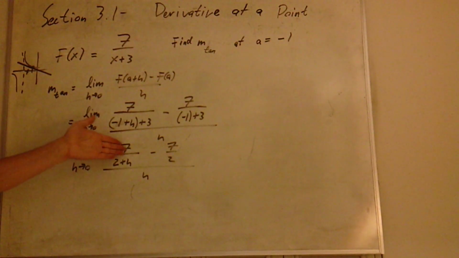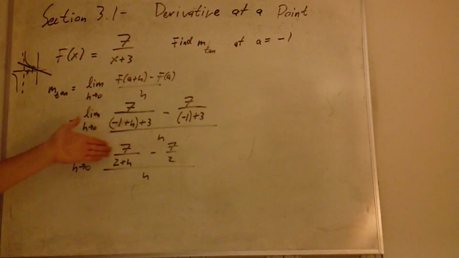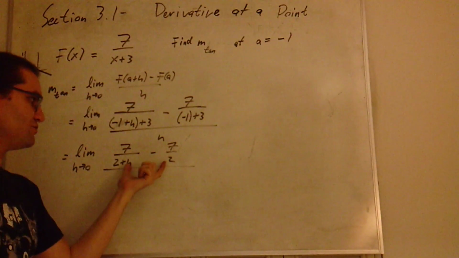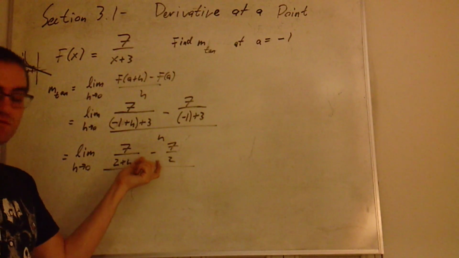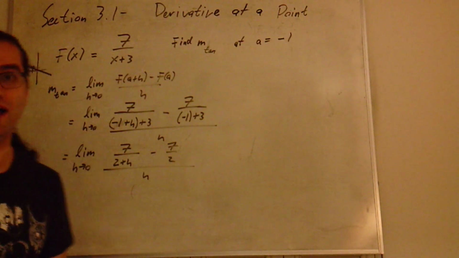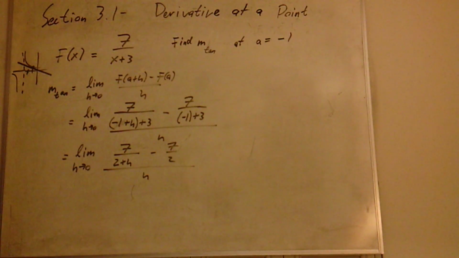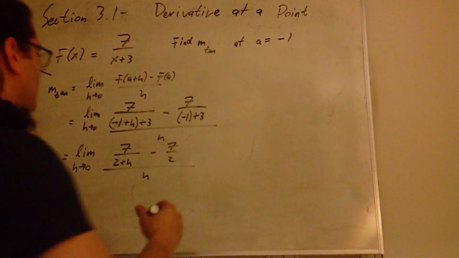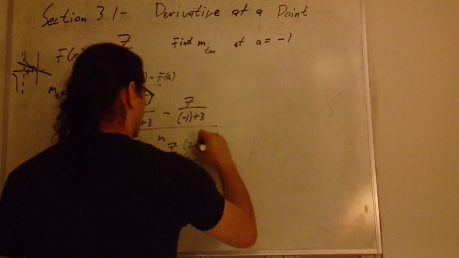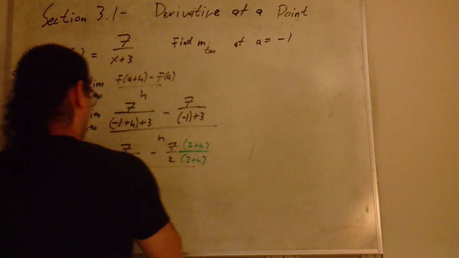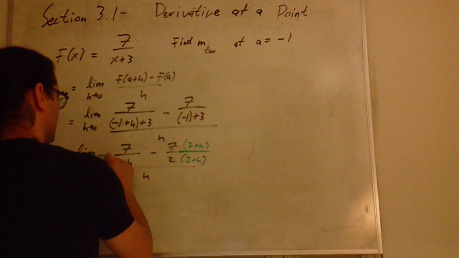If I want to simplify this, this is the difference between two rational expressions. If I want to actually subtract these two things, which I do, I need a common denominator. So I'm going to multiply this by 2 plus h over 2 plus h, and I'm going to multiply this one by 2 over 2.